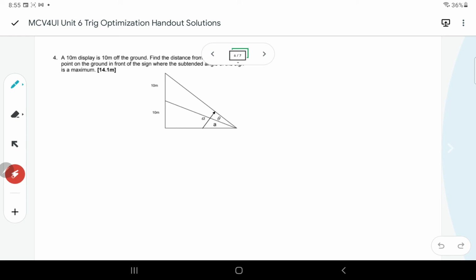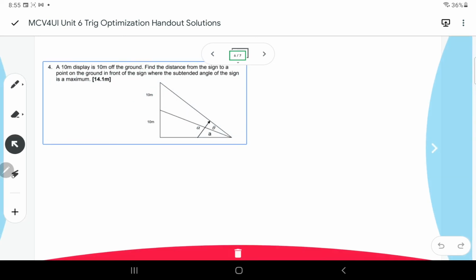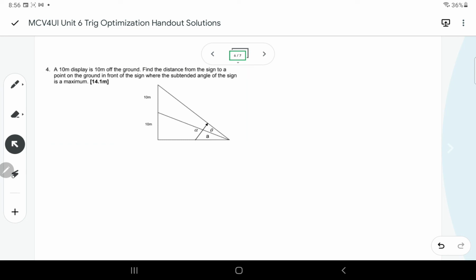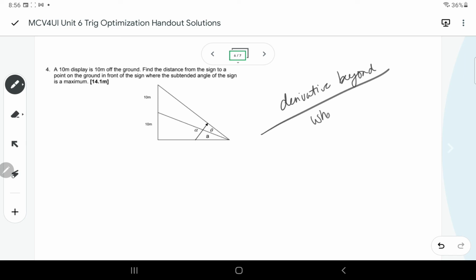Okay. This one I am going to, I think, just skip over because we did not cover this this year. That type of derivative is a little bit beyond what we do.